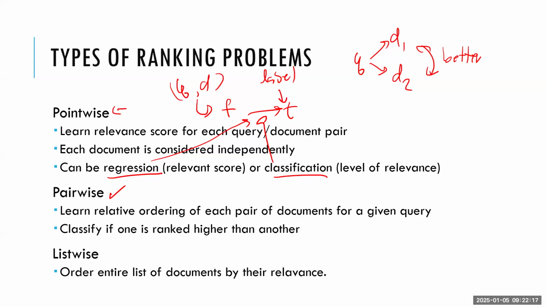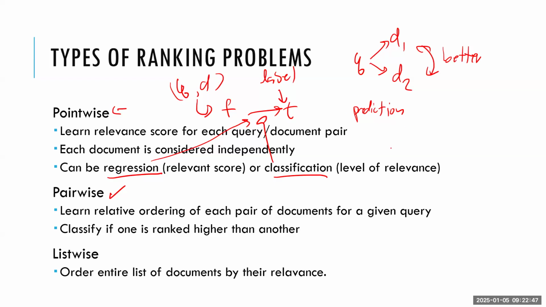You compare two documents at a time, and then you pick which one is better. And for the prediction, you would have to pick a pair of documents, and then whichever one is better, you return the better one.